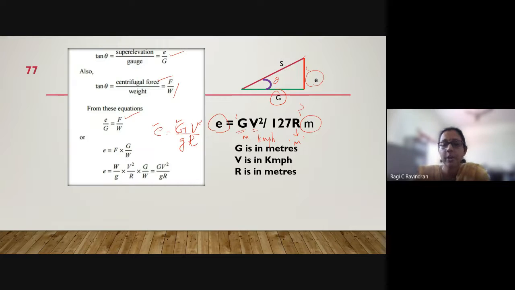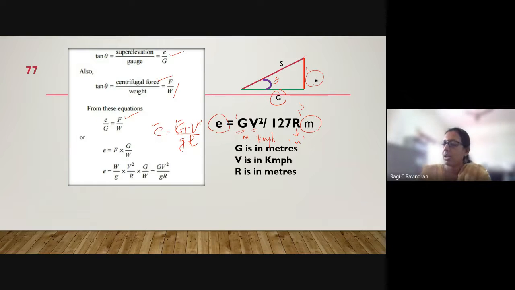Please don't forget, you will come across plenty of equations related to super elevation, and in some terminologies the standard values of E will be represented in millimeters, and in some cases in centimeters.